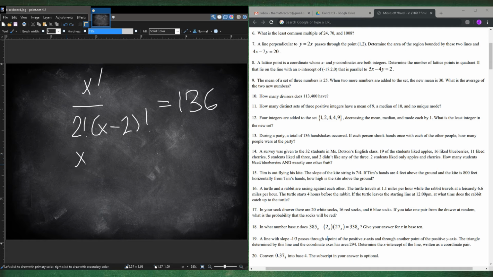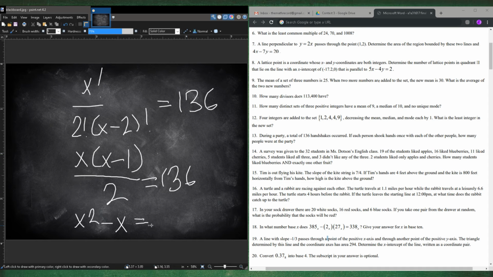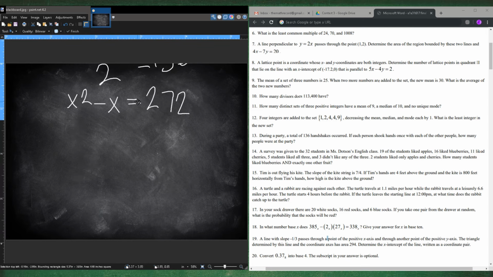So you have x times x minus 1 divided by 2, because 2 factorial is just 2 times 1, is equal to 136. So that gets x squared minus x is equal to 136 times 2, which equals 272. And you could now solve it like a quadratic.